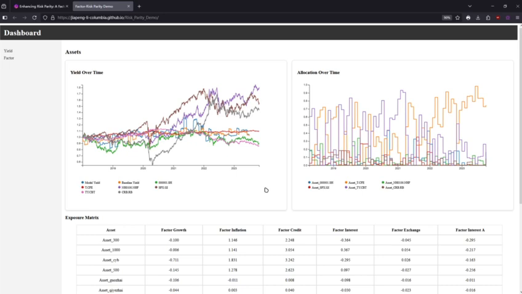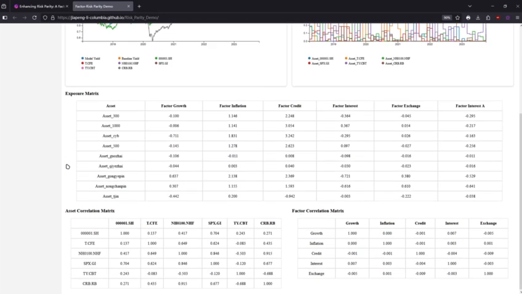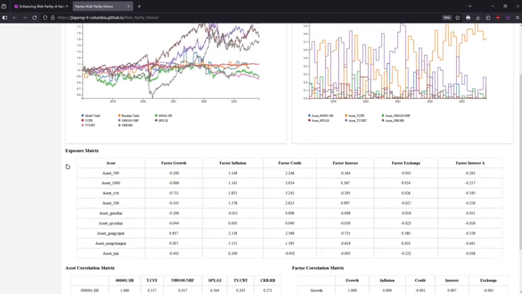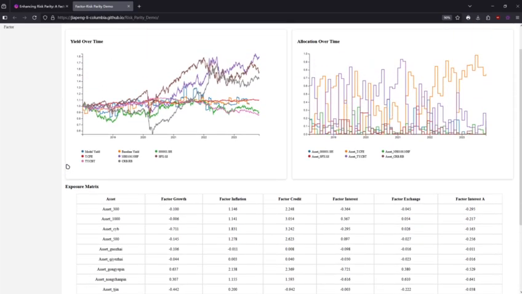It is worth noting that this allocation over time will change automatically every month or with regard to the trading frequency of the underlying model. The second part is the exposure matrix, which shows how the assets are linearly regressed to the corresponding factors. It's similar to the allocation over time graph.